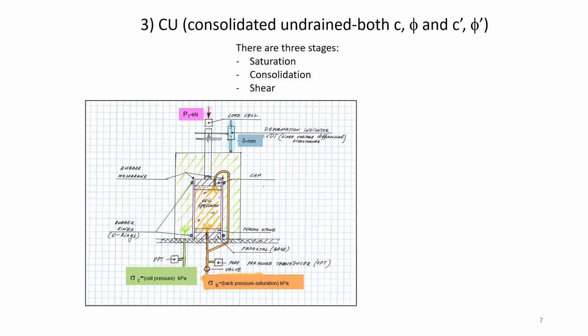Okay, consolidated undrained test. So in this case, all three stages appear: saturation, consolidation, and shear. And what I would like to tell you guys, just remember forever. When engineers say, oh, universities measure minor stresses, it's very nice, I love it, but it doesn't exist in the real world.